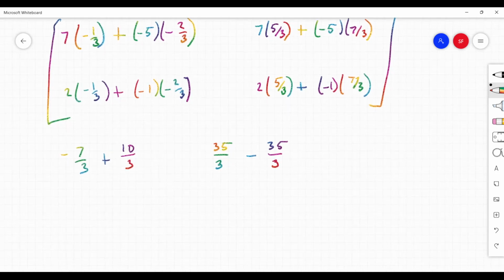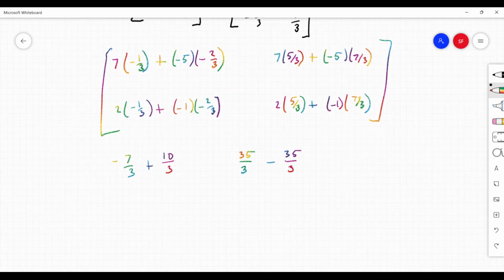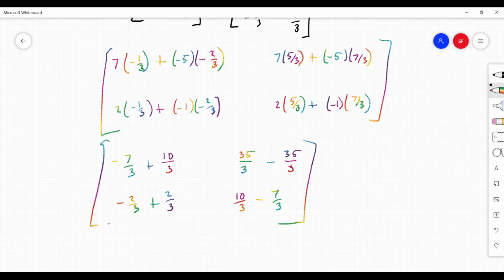This one's going to be -2/3 plus 2/3. It's going to be 0. And then 10/3 minus 7/3. Look at that. So it works out as 1, 0, 0, 1. Now, technically, we're not done if we're checking inverses, right?